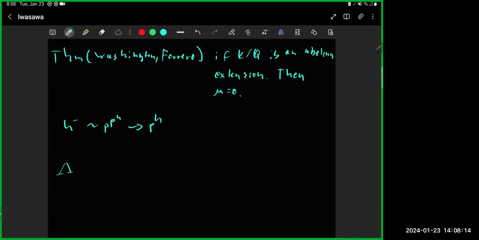A lambda module is a module over the ring lambda, where lambda is defined as the power series ring with coefficients in the p-adic integers. And there are a lot of very famous results that Iwasawa discovered about these lambda modules.